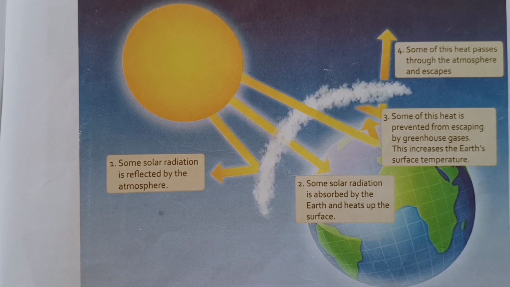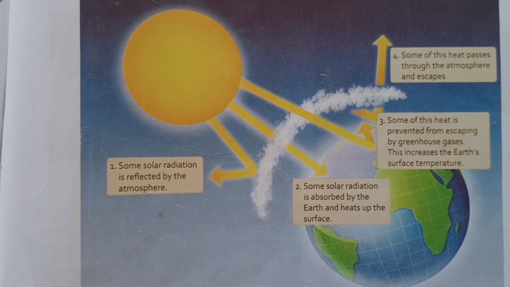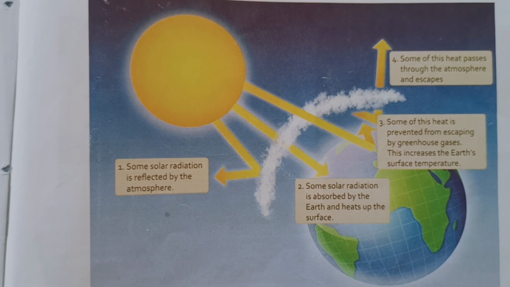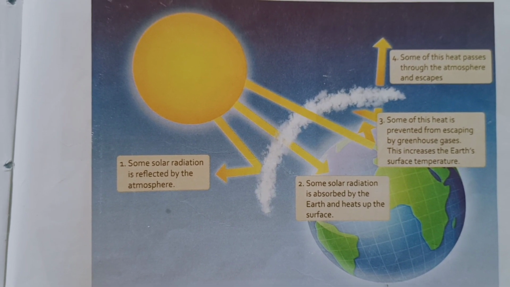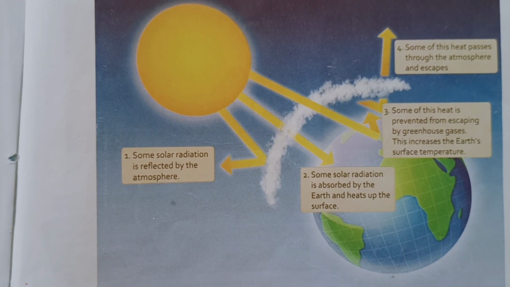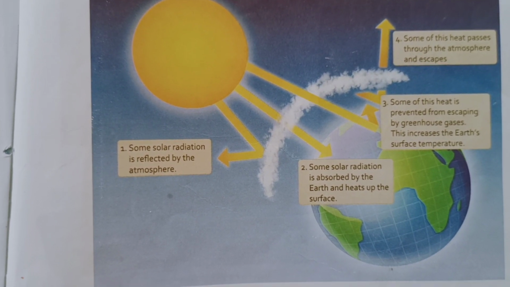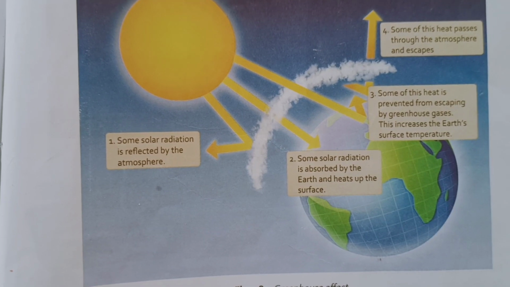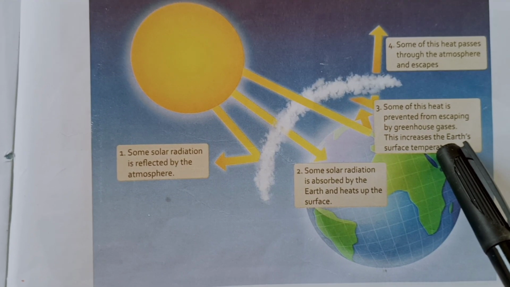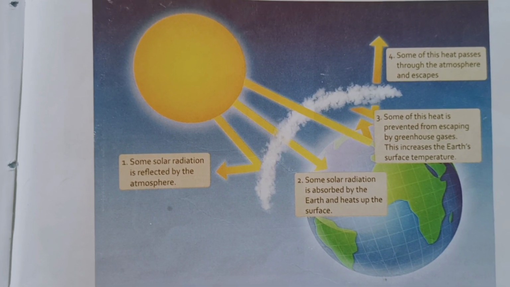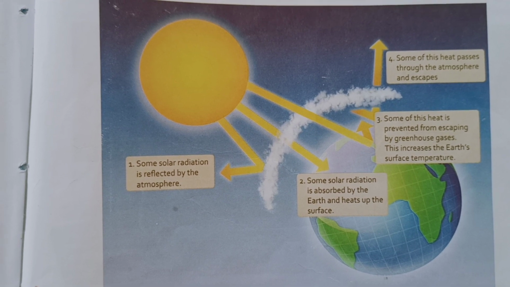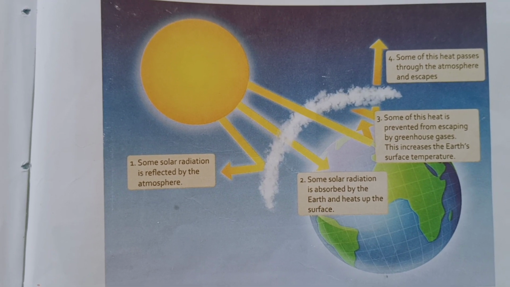Then some of this heat passes through the atmosphere and escapes. Now the third point, that some of the heat is prevented from escaping by greenhouse gases. Students, this point only leads to the greenhouse effect, because here the sun's heat is prevented from escaping.